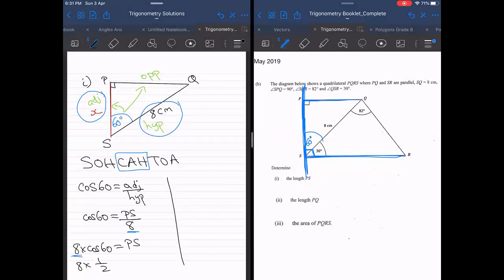You can either put it in your calculators all together or work out the cos 60 part. So the point is that you'll get 4. So here is 4 centimeters.